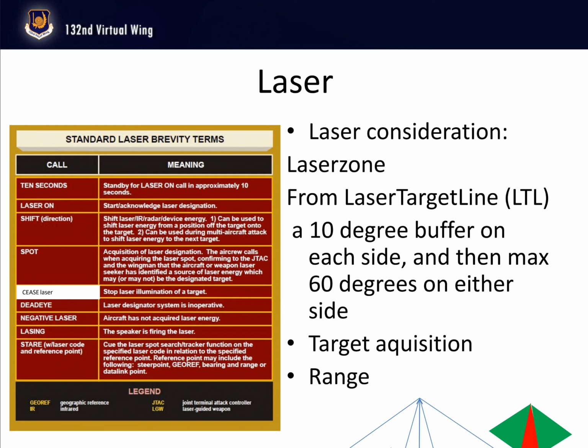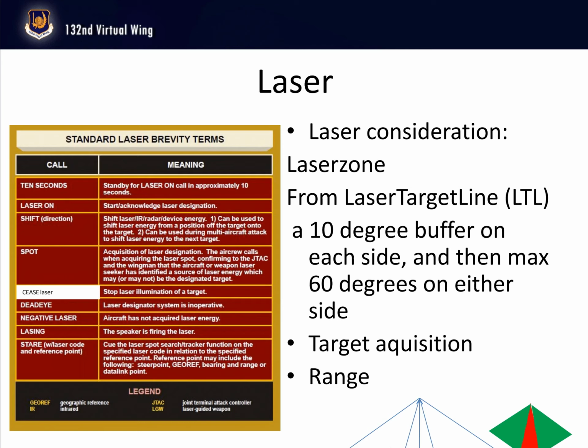So for laser, when you use the ground lase by the JTAC, we have some more brevity and of course some more restrictions. The aircraft, the JTAC and the target should be aligned in a very specific way to make sure that the laser guided bomb or missile goes for the target and not for the JTAC, which is a risk.